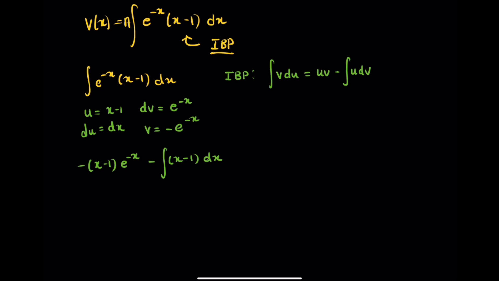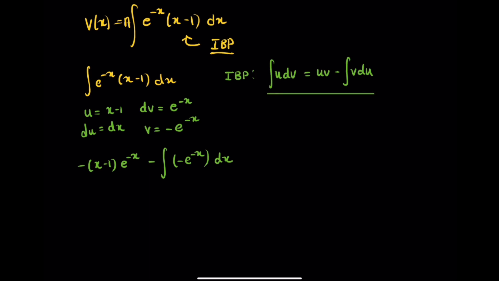Oh, hold on. Sorry. I think it's u dv equals v du. Yeah, there you go. That's what I was screwing up. So then uv is correct, and then we have to get v. v is minus e to the minus x, and du is just dx. Sorry about that. This is the correct form.